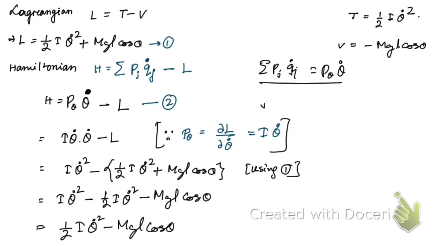Hope you have got it up to this point. Now from this relation, let me write this step on the next page. Just wait, let me copy this and go to the last page and then the next page.